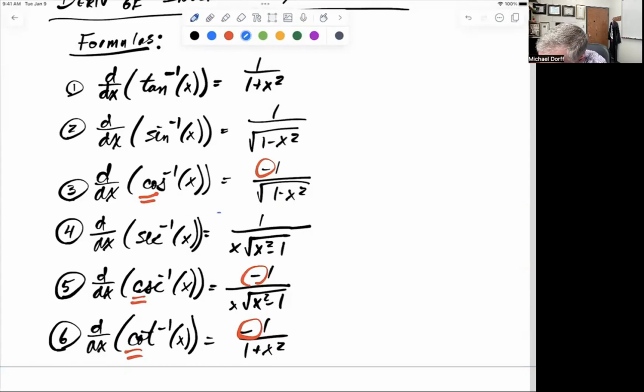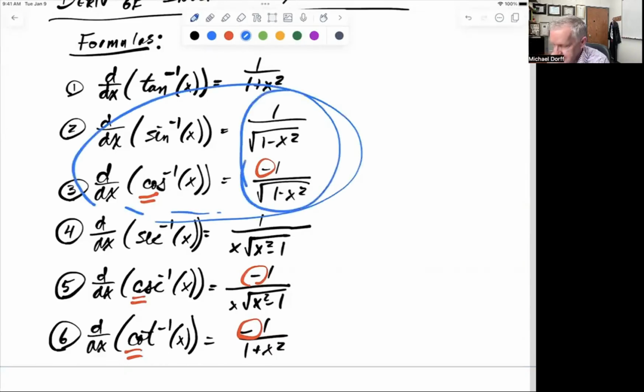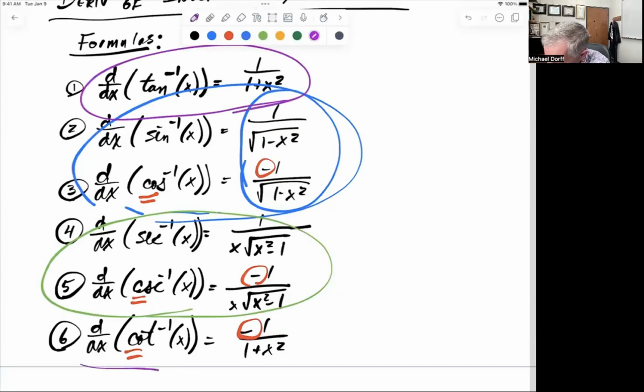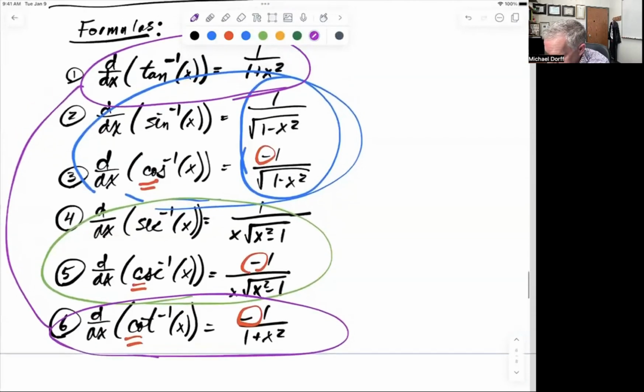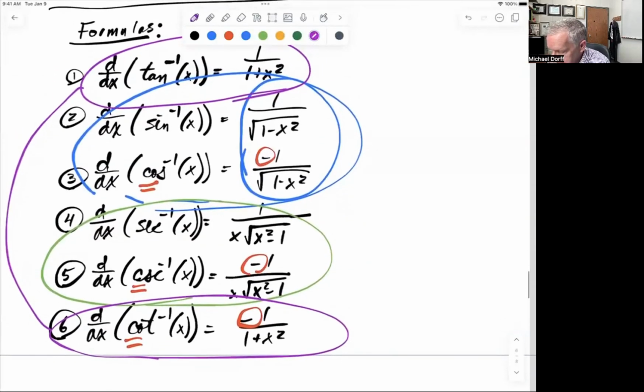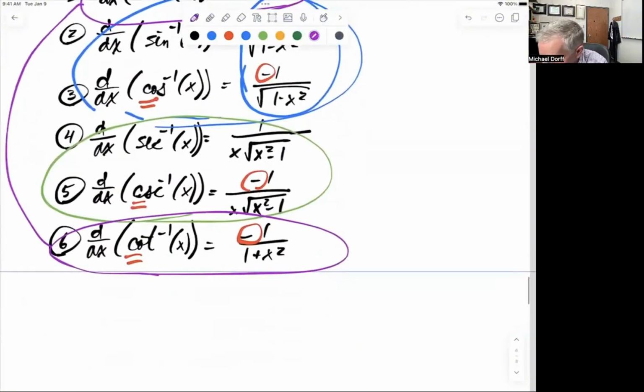So sine and cosine both give you the same thing, it's just that the one has a negative. If I do secant and cosecant, they're co of each other, they have the same formula for the derivative, except the one has a negative in front of it. And then likewise for the tangent and the cotangent, they're related. They're just the co of each other. They have the same formula, but one has a negative in front of it.